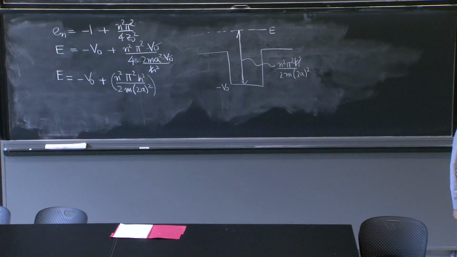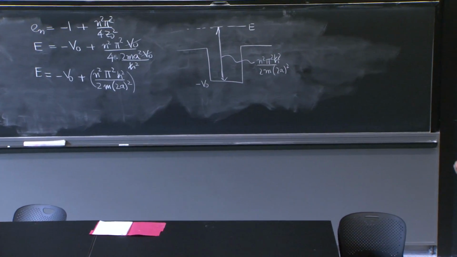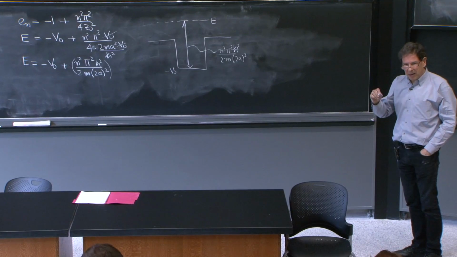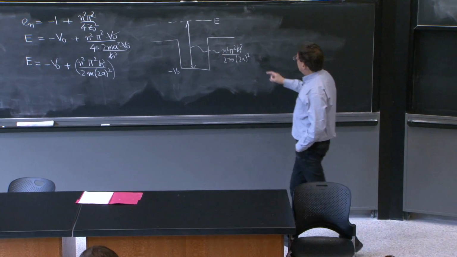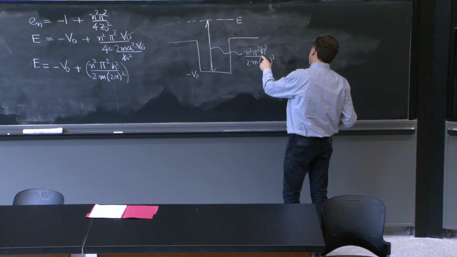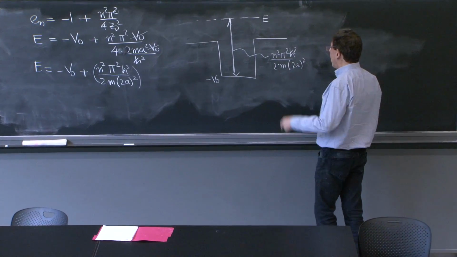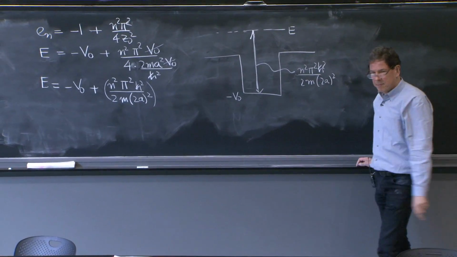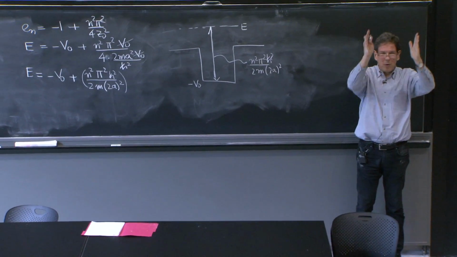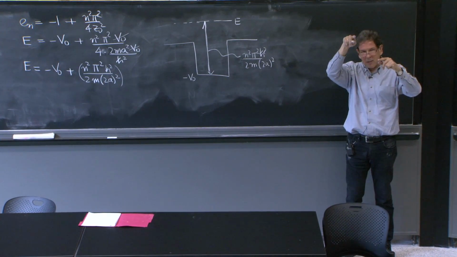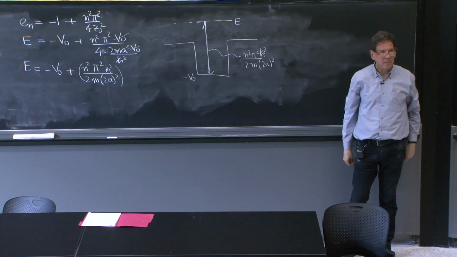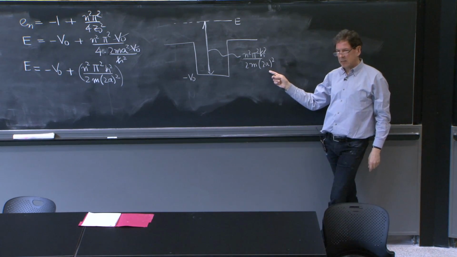And now you see something that we could have seen maybe some other way. What's happening here is a little strange at first sight. These are the energy levels of an infinite square well of width 2a. If you remember, the energy levels of an infinite square well are n squared pi squared h bar squared over 2m times the width squared, and those are exactly it.